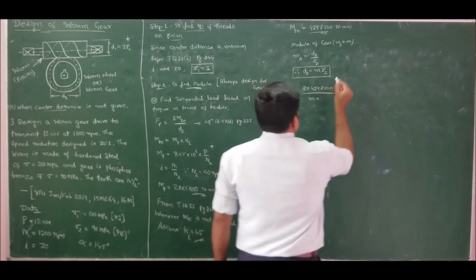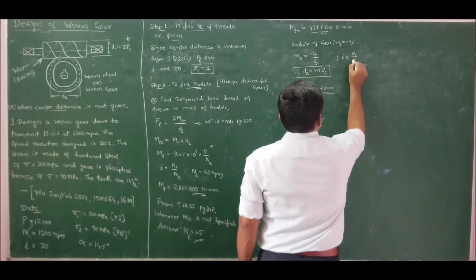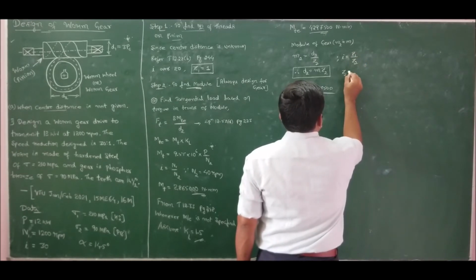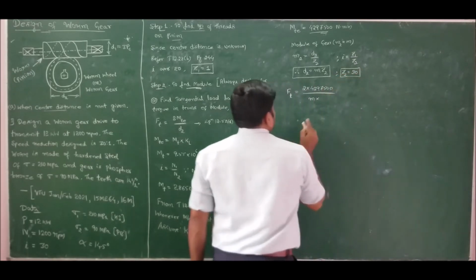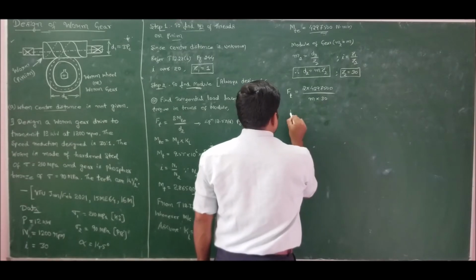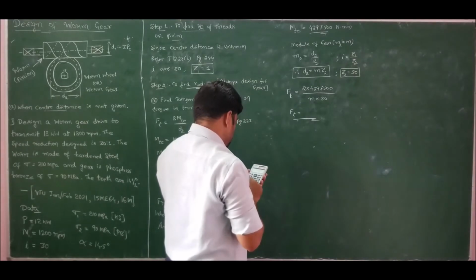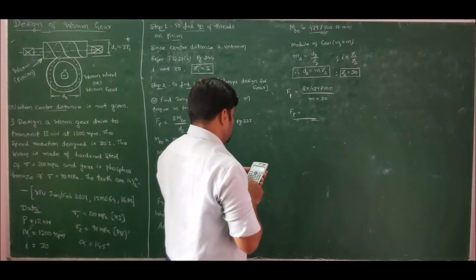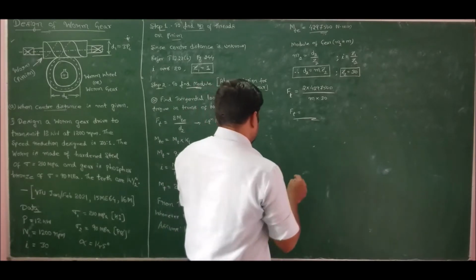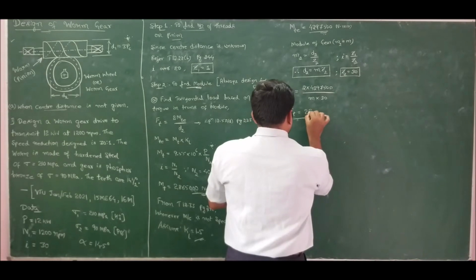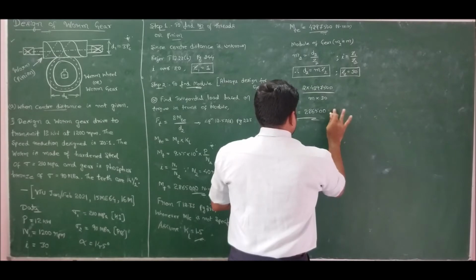We know that i is equal to Z2 by Z1, so Z2 is equal to 30 teeth. Hence substitute Z2 equal to 30. So Ft is equal to 2 times 429,750 divided by 30, which is turning out to be 28,650 by m newtons.